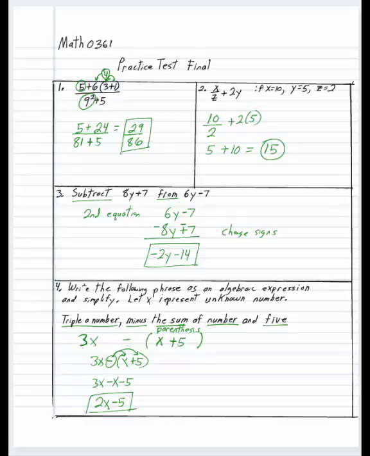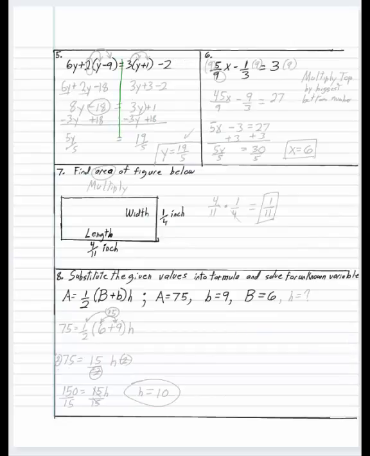Number 5. There's a lot of things going on here, so what I suggest is let's first look at the left side of our equation. This 2 is in front of the parentheses. This 2 may multiply to y and to the negative 9. 2 times y is 2y. 2 times 9, that's negative 18.